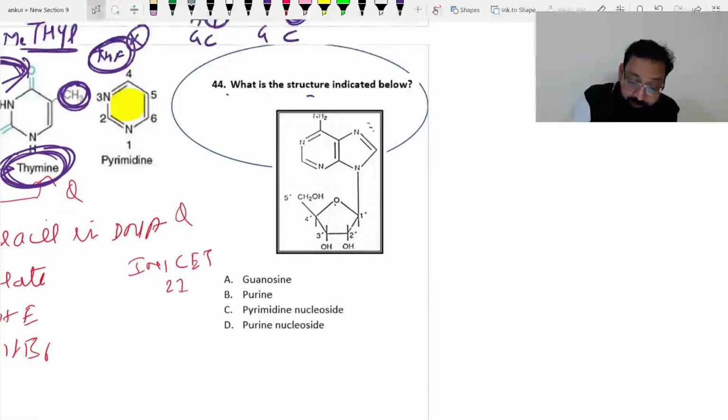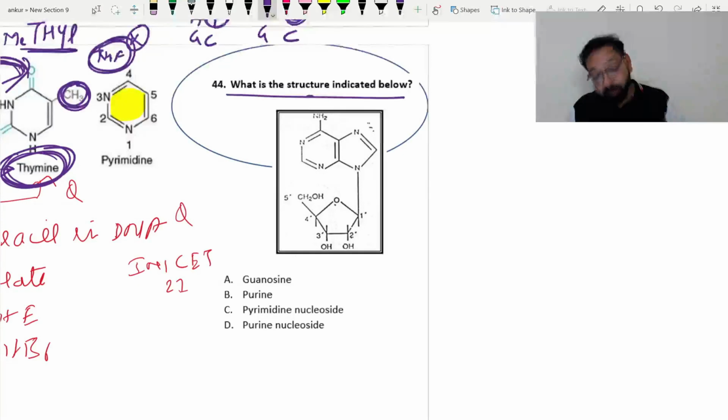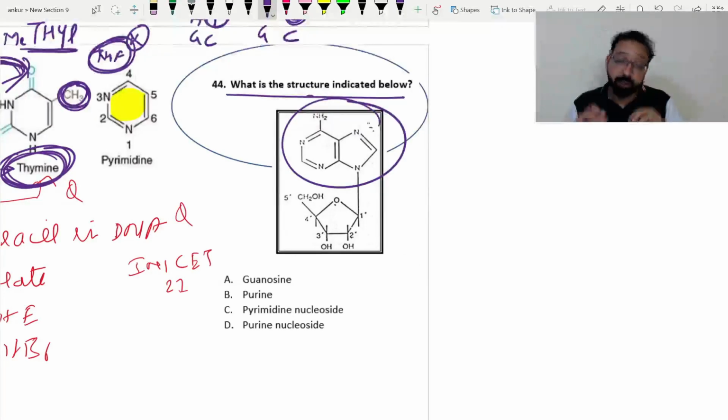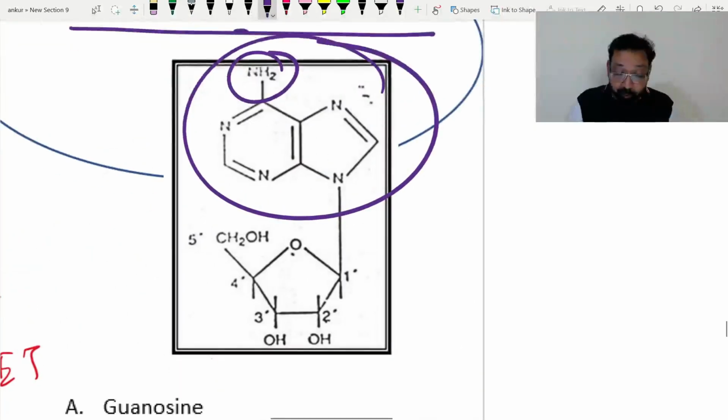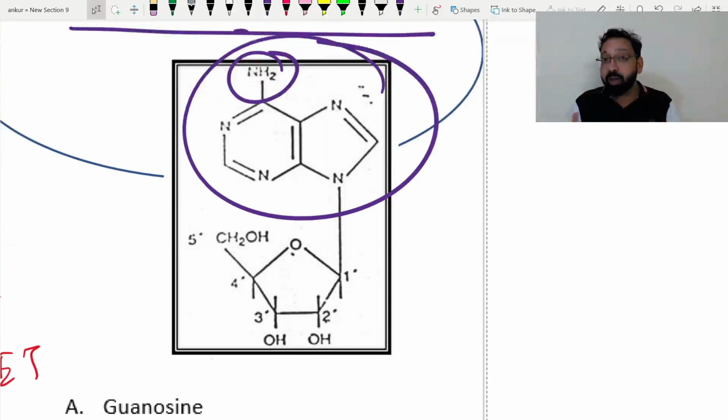What is the structure indicated below? You know base plus sugar is a nucleoside. If I say this base has two rings, whenever you think of a purine base, it would be adenine or guanine. Only amine, so adenine. Base plus sugar, nucleoside. This is a purine nucleoside, and this is adenosine: adenine plus sugar, adenosine.